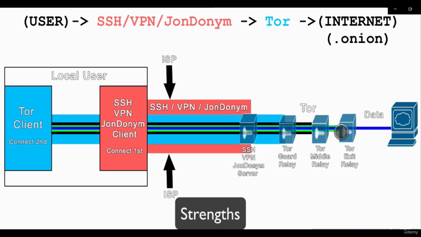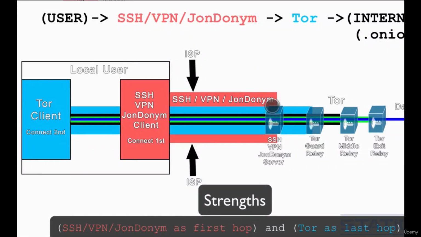Let's have an example. If an attacker gains a Tor guard relay, passes the Tor middle relay, and finally the Tor exit relay, Tor stores activity of the local user through the incoming SSH, VPN, Jondonym attack. The SSH, VPN, Jondonym server creates an extra layer for the incoming attack.